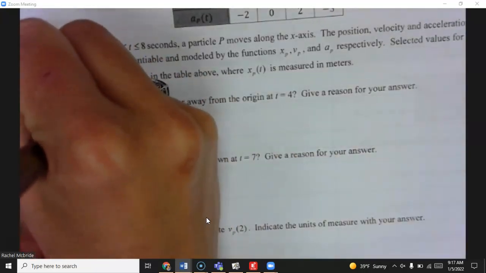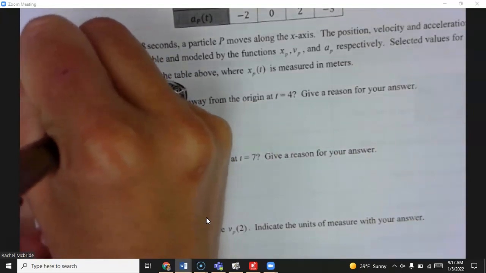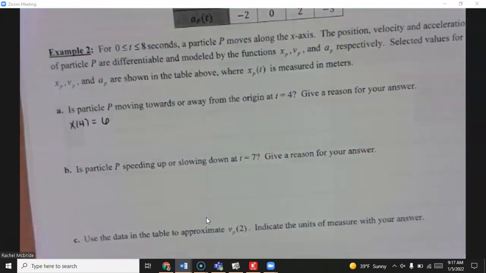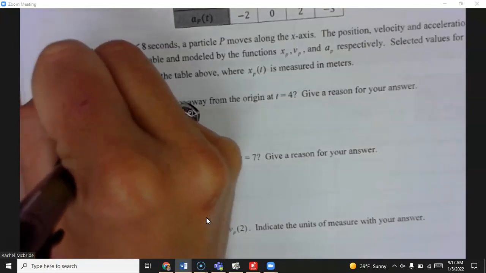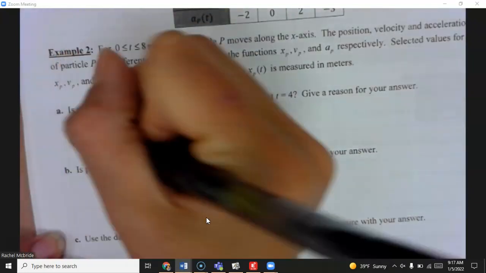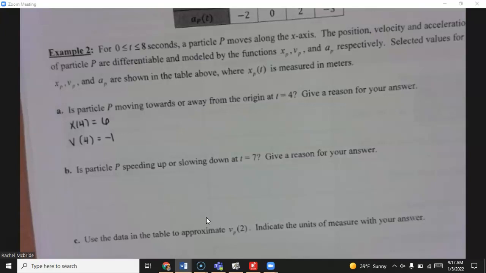So x of 4 is equal to 6. Then we need to determine what direction the particle is traveling at 4 seconds. So you're going to look at v of 4, which is -1. So it means the particle is moving left toward the origin.